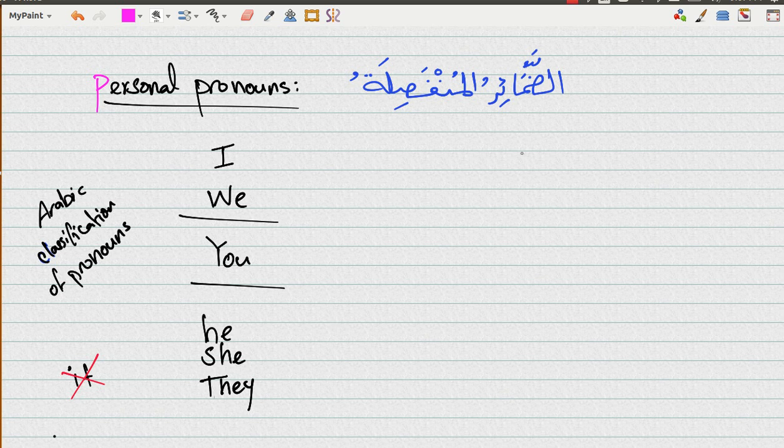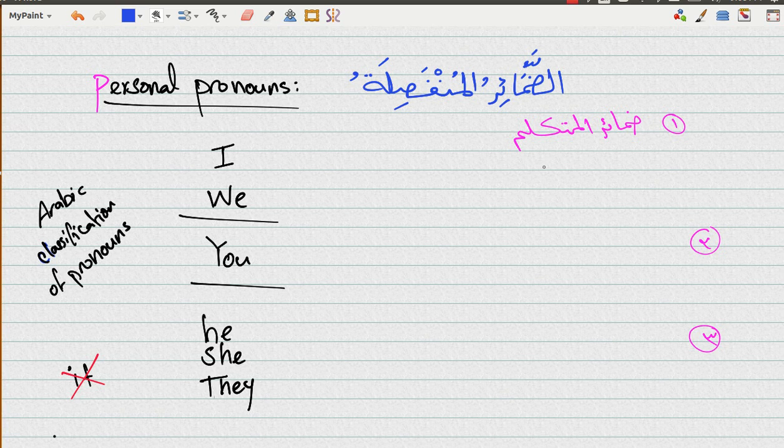So they are pronouns that refer to people, and in Arabic they're categorized under three main categories. The first one is ضمائر المتكلم, meaning pronouns that refer to the person who is speaking, and that's the first person.